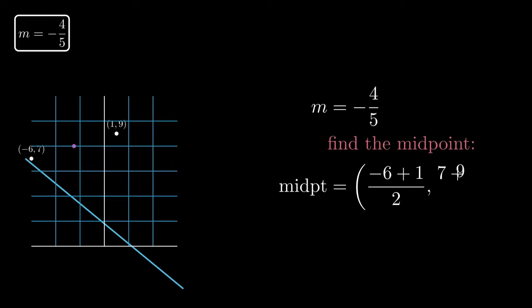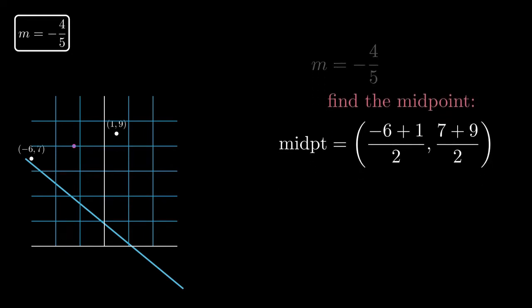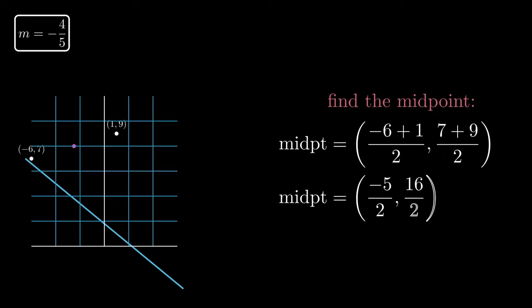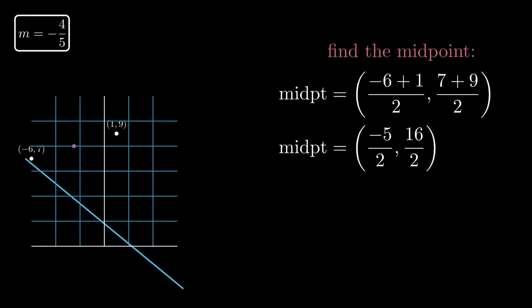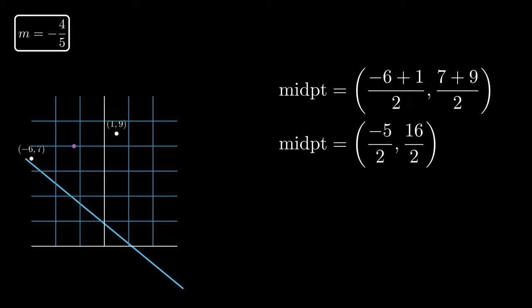That gives us the midpoint. And we will simplify this a bit. -5/2, 16/2, and then a little bit more simplification. There we go. So we've got a point, we've got a gradient.